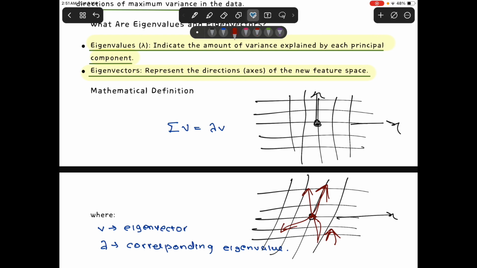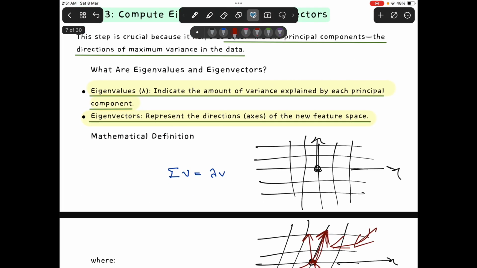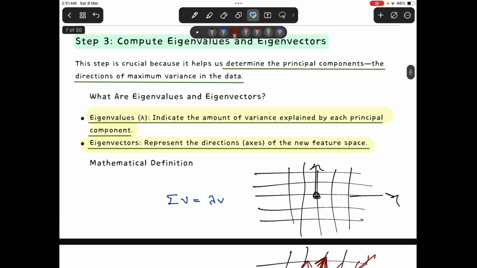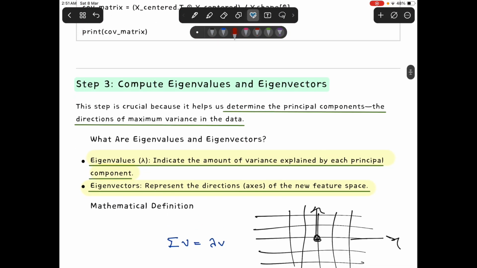So there will be some vectors which will not change their direction even after the transformation. Those will be our eigenvectors, and the corresponding scaling values will be the eigenvalues. I think this explanation is a little complex. Let's just study with the document.